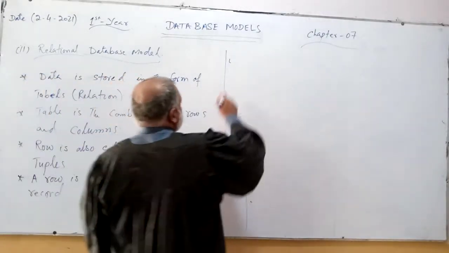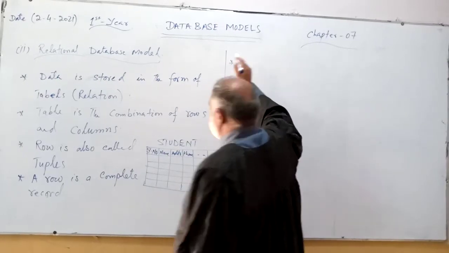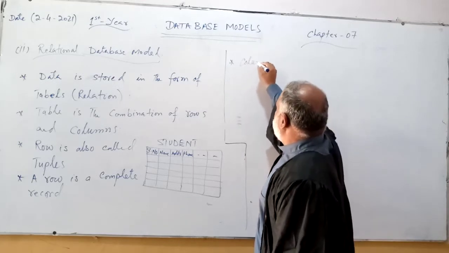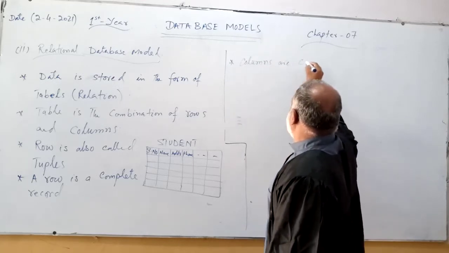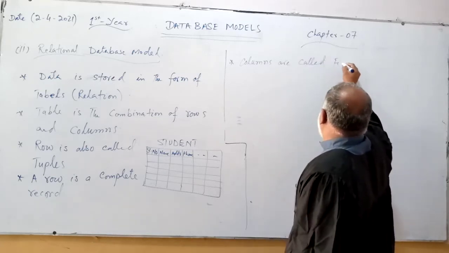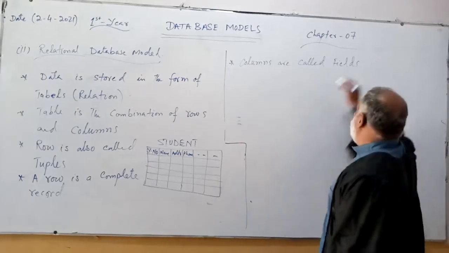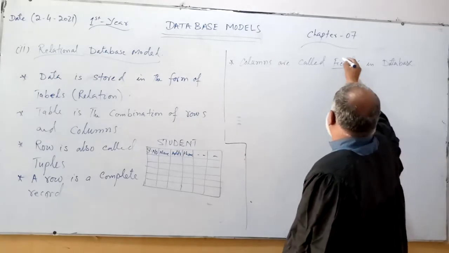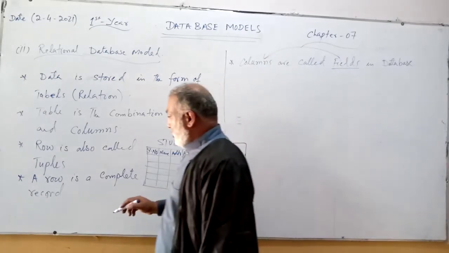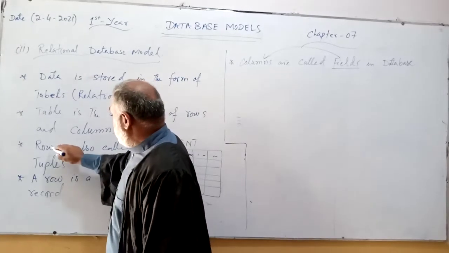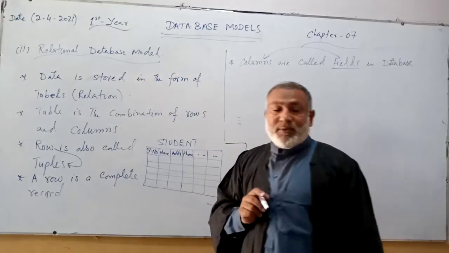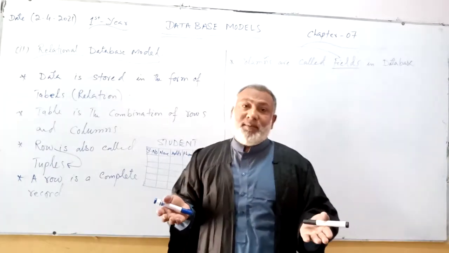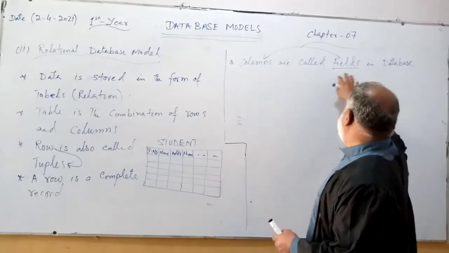If we move towards the columns, columns are called fields in a database. In a database, a row is called a tuple. So whenever you are asked what is another name of a row, it is tuple, and another name of a column is field.